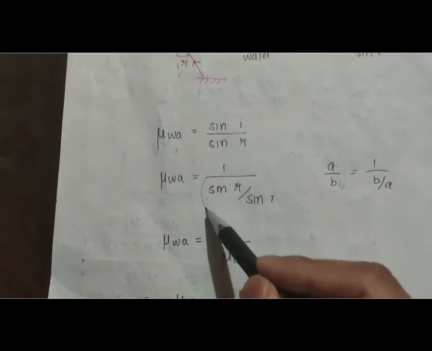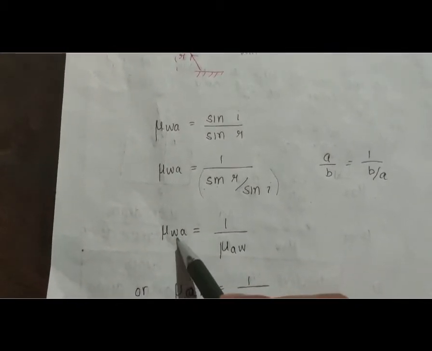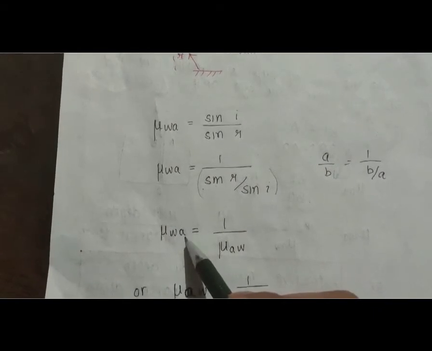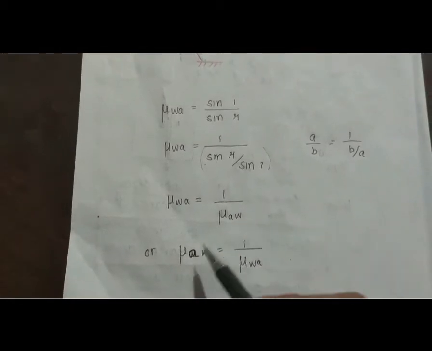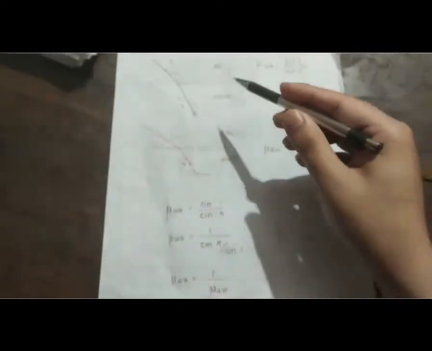So instead of the whole thing, I can write refractive index of air with respect to water. Is it clear? So refractive index of water with respect to air equals 1 by refractive index of air with respect to water. Or I can also write refractive index of air with respect to water equals 1 by refractive index of water with respect to air. So this is your principle of reversibility of light. Clear?